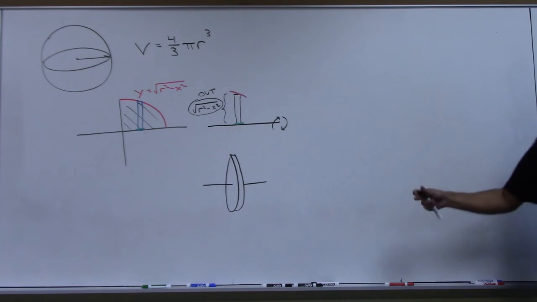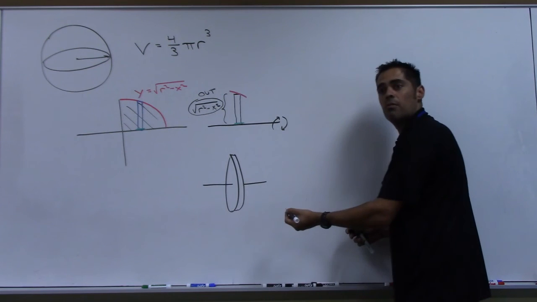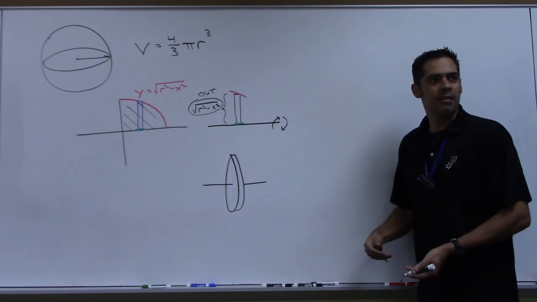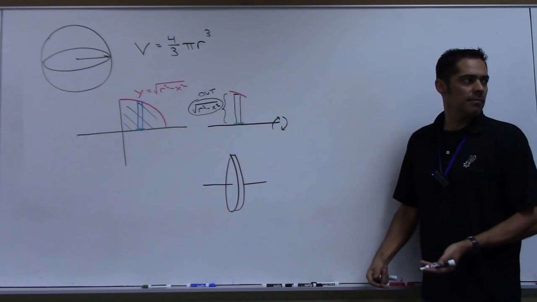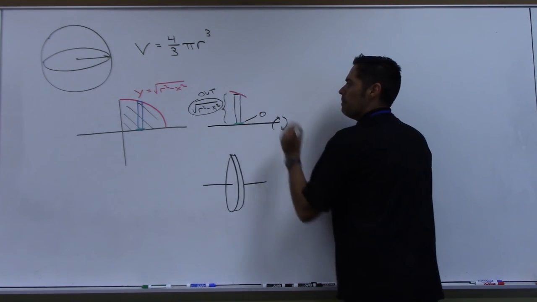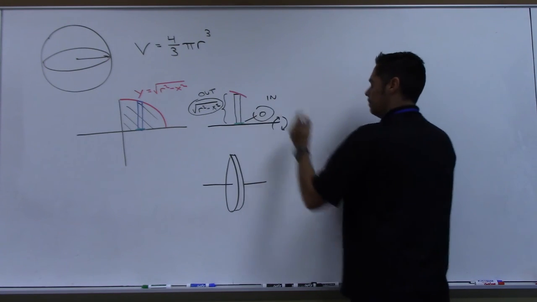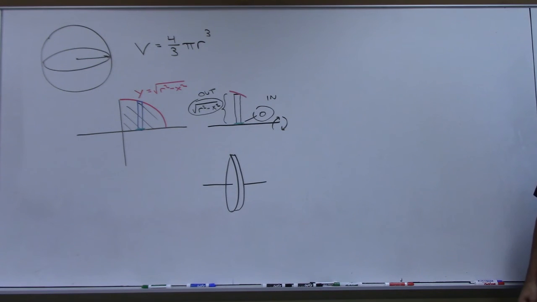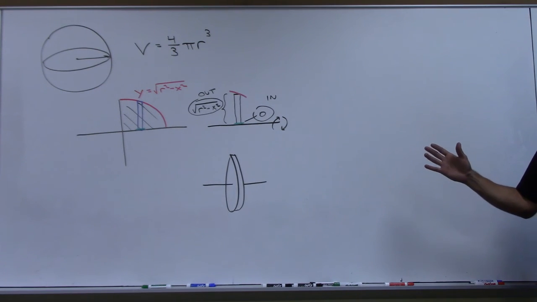What about the inner edge? It's 0, right? It's always touching. I'm standing at the bottom edge of this rectangle all the time. So the distance from me to it is 0. The 0 is the inner. That's all you need to set up the integral.